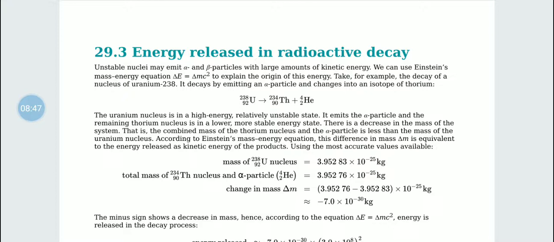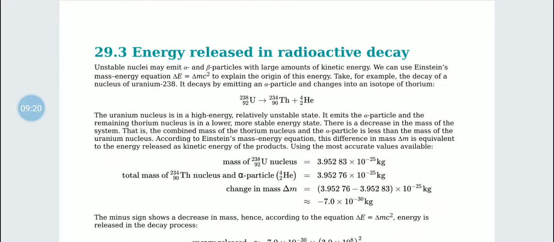This uranium nucleus is in a highly unstable, high energy state. When it goes through this decay process, the thorium is going to be in a more stable, lower energy state. That means there should be a decrease in the mass of the system.